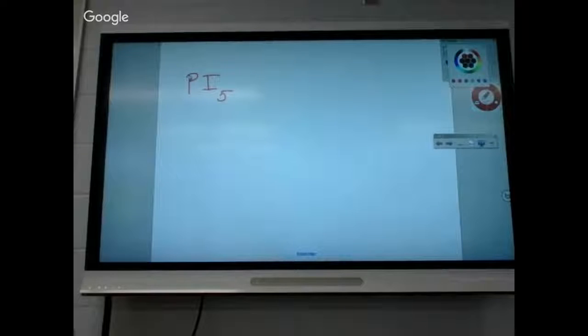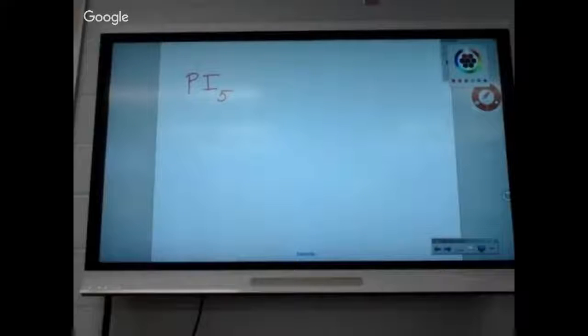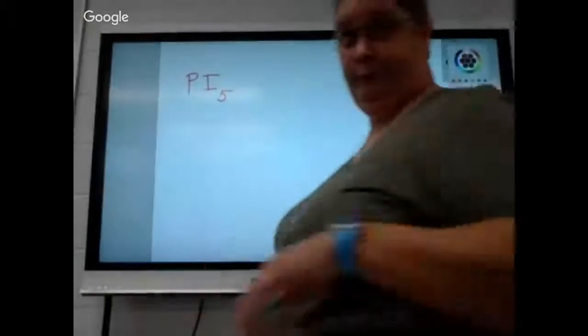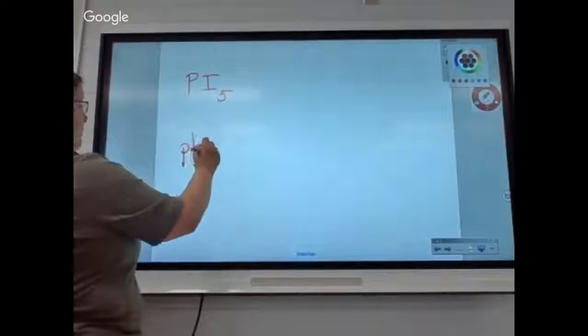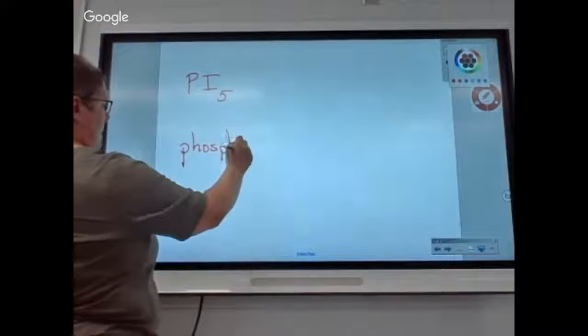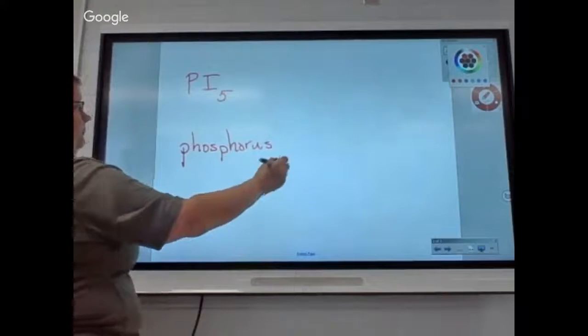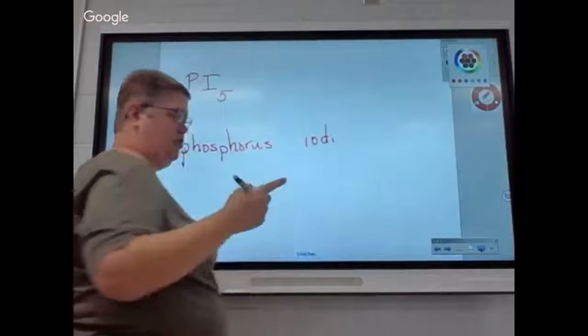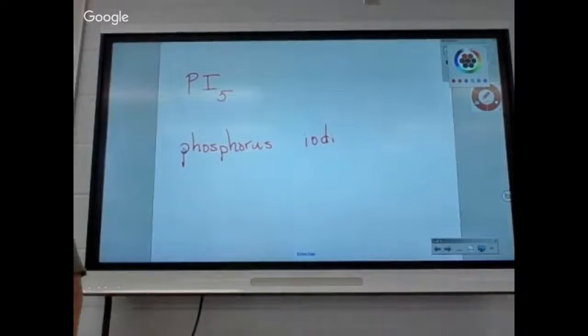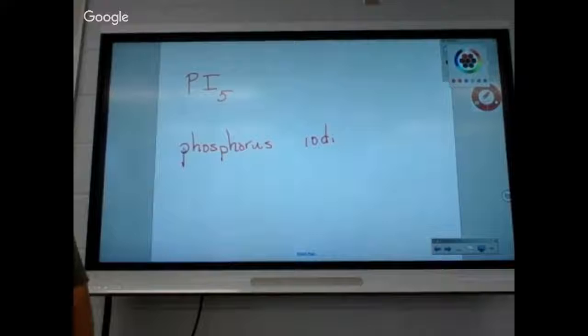So if we're writing its name, just like you did over the weekend in your homework or on Friday when you did the pink construction paper, what is P? Phosphorus. What's I? Iodine. Now, ask yourself, is it two capital letters? Yes. So what do you put on the end?